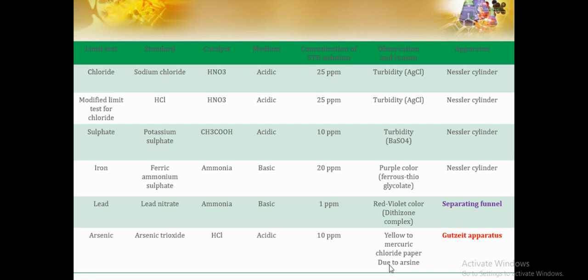These two require apparatus other than Nessler cylinder. The limit test of lead is carried out using a separating funnel, and the limit test of arsenic is carried out in Gutzeit apparatus.